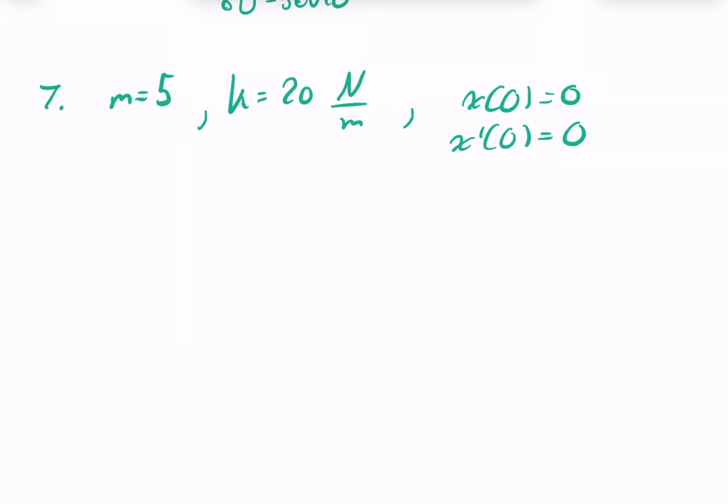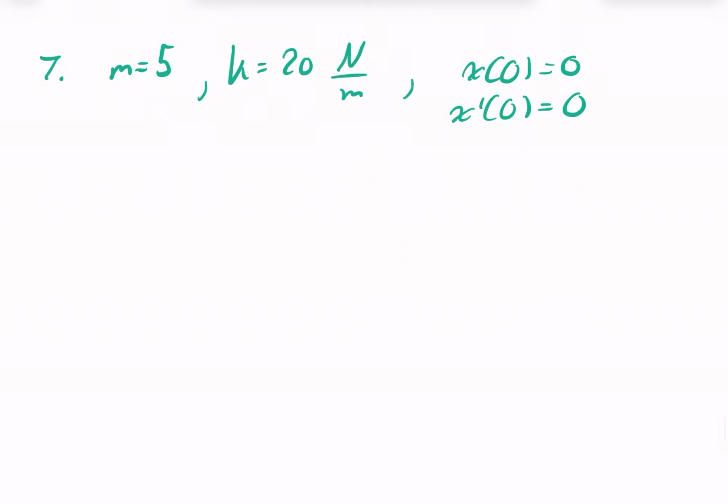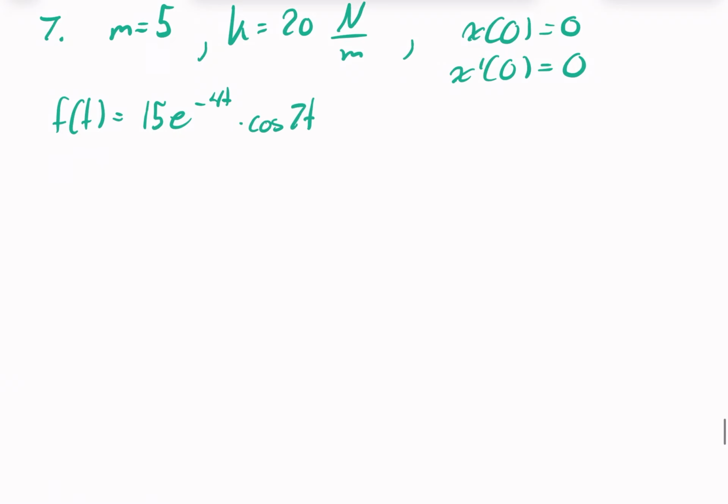It's coming to rest in the equilibrium position, so x at the equilibrium position, which is 0, equals 0. And also, because it comes to rest at the equilibrium position and it starts at t equals 0, it is 0 when it starts out. And we know that f at t equals 15 e to the negative 4t times cos 7t.